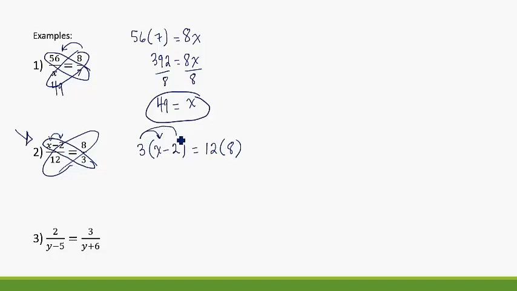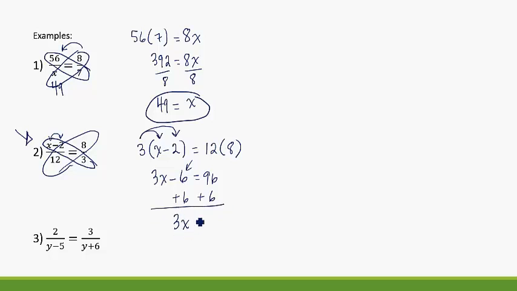Going back to the previous video on solving linear equations, you always want to simplify both sides before you start moving your variable term to one side and your constant term to the other. This gives me 3x minus 6. 12 times 8 is 96. I need to remove the constant term, so I'm going to add 6 to both sides.